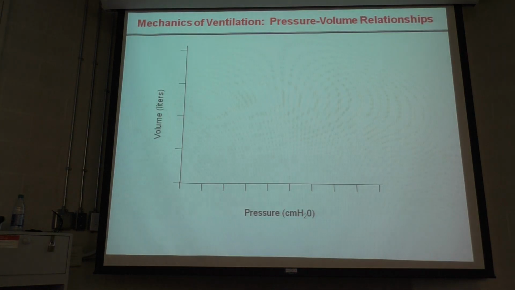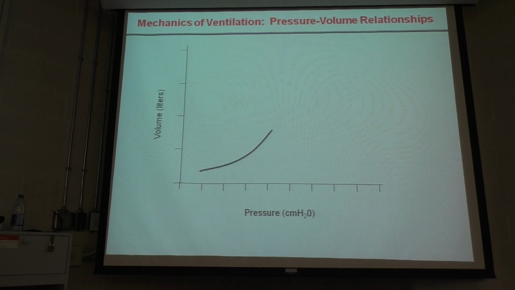Right? So if we look at the relationship between lung volume and respiratory pressure, this is an indication of the force of contraction of the respiratory muscles, and this is the volume that they generate. Okay?